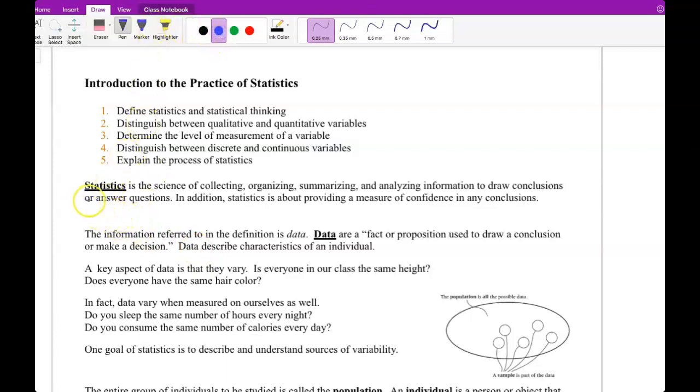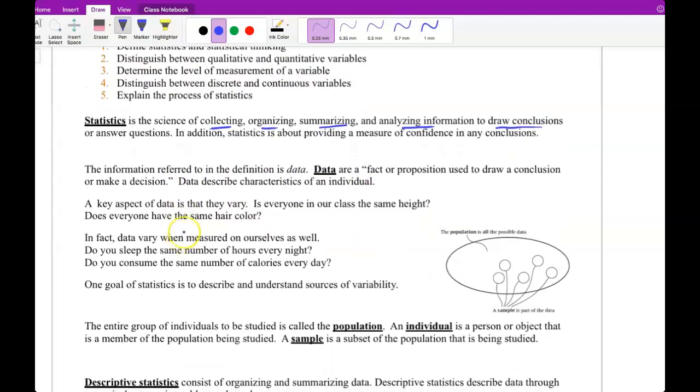Okay, on the first part we have a definition. Statistics is the science of collecting, organizing, summarizing, and analyzing information. So we're going to have all these steps, and using these we can draw conclusions. The next one here is data, or information.